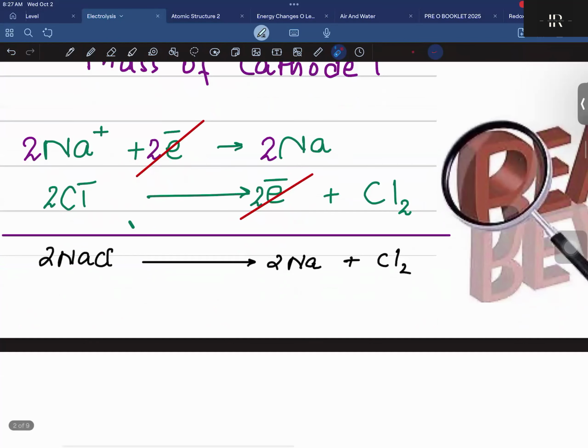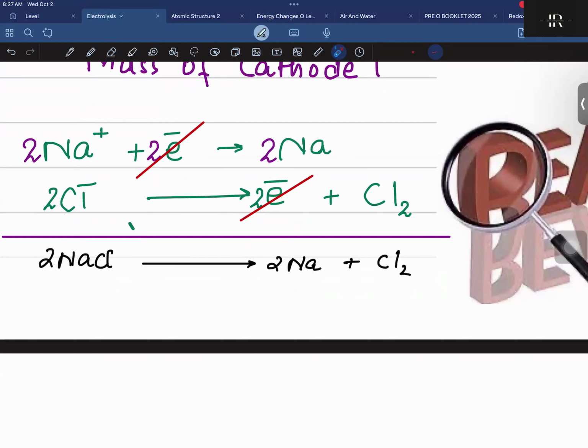What does the equation tell? This equation tells you that when you do electrolysis of sodium chloride, you will have sodium metal and chlorine gas. So this is the outcome of this electrolysis. Then what's the observation?